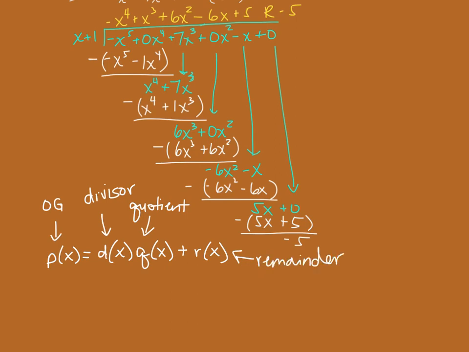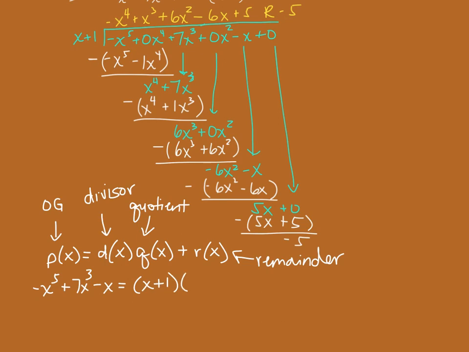Okay, so we took our original polynomial, which is negative x to the 5th, I don't need all the zeros, plus 7x cubed minus x. And then we divided it by x plus 1. And then we got this answer.